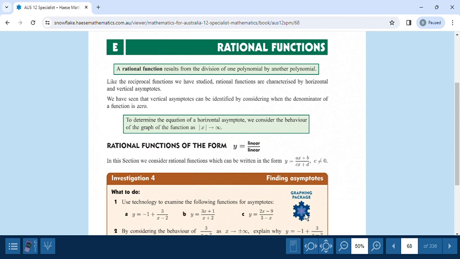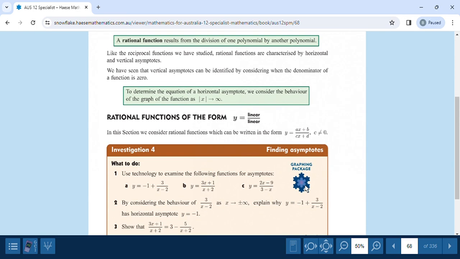Rational functions result from the division of one polynomial by another polynomial. So to determine the equation of the horizontal asymptotes, I'm just reading out the blue boxes here. We consider the behavior of the graph of the function as the modulus of x tends to infinity. So that basically means when x is getting more and more negative, we look at it from that angle, and also from the angle where x is getting more and more positive.